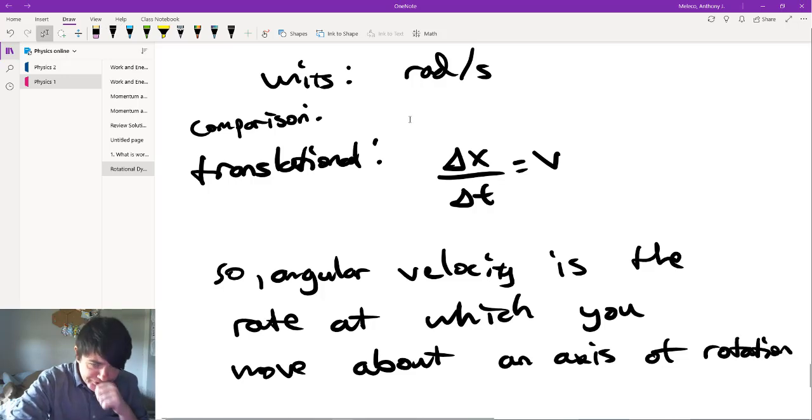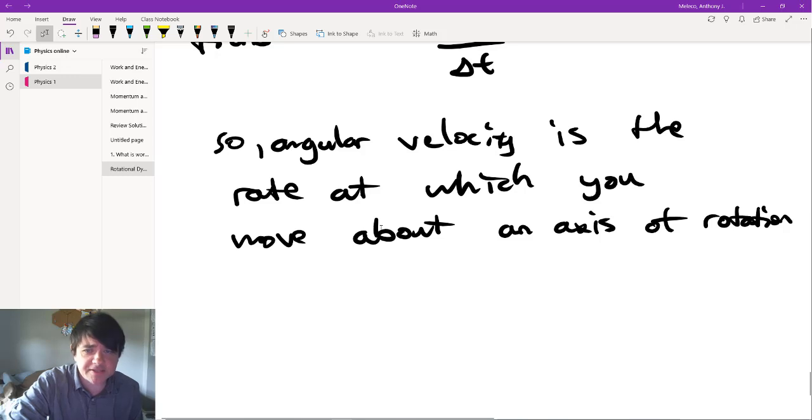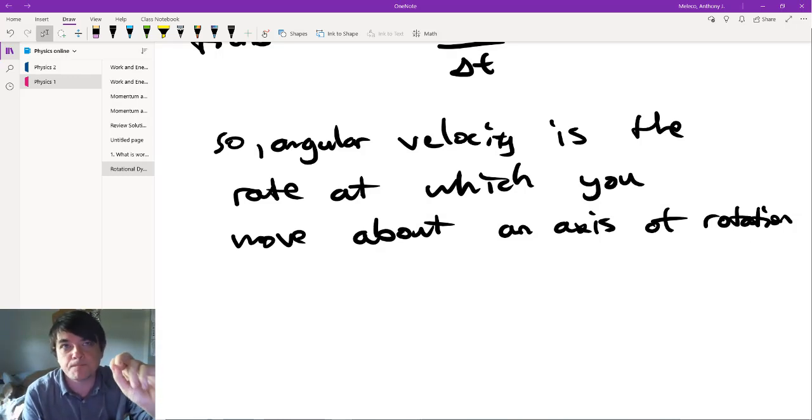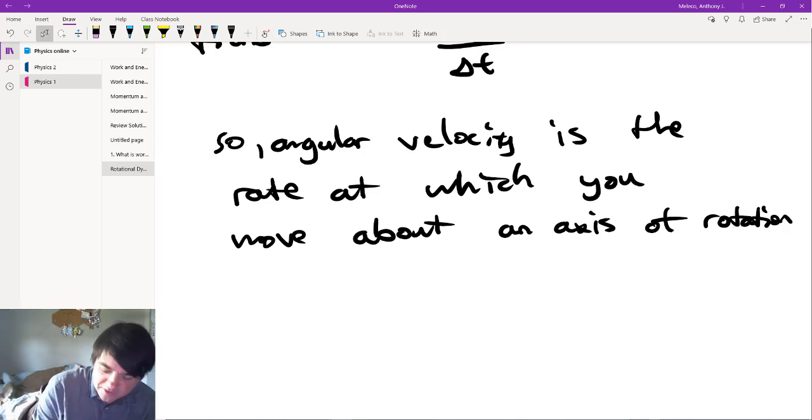Okay, just like the translational case, where it's the rate of motion, right? And instead of comparing to a coordinate system, like a typical Cartesian system where we measure everything from a point of origin, we have an axis of rotation instead. So still an origin in a sense, we're just moving in a circle.